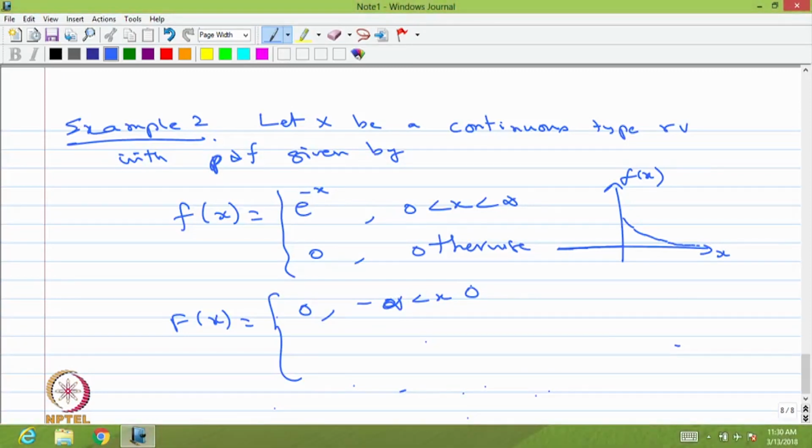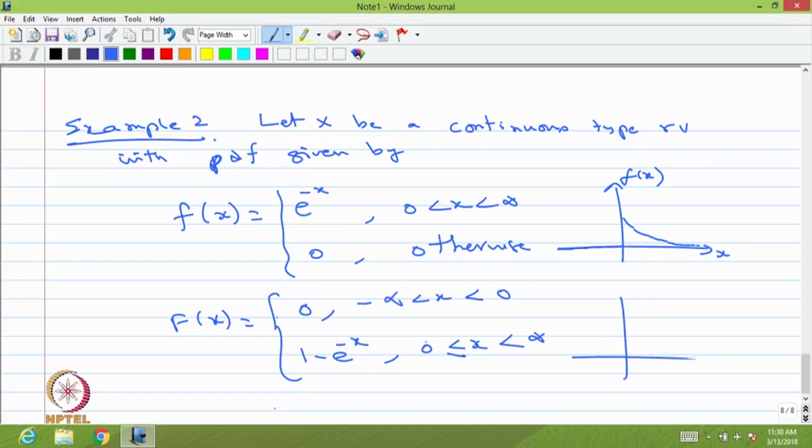From 0 to infinity you have to integrate and find out. If you do the simple integration, you will get 1 minus e power minus x on the interval 0 to infinity. You can include 0 also. So, the CDF is 0 from minus infinity till 0, and from 0 onwards it is 1 minus e power minus x.